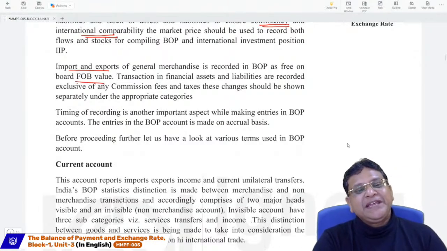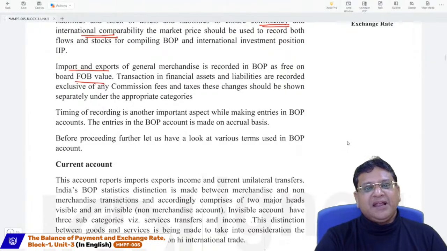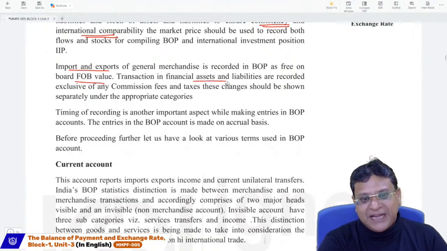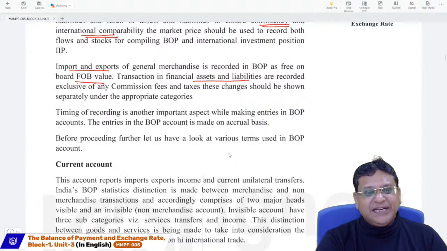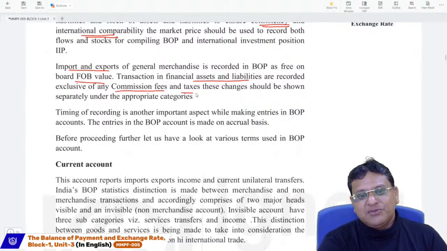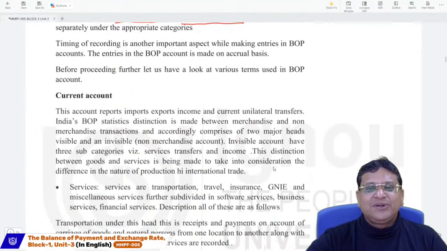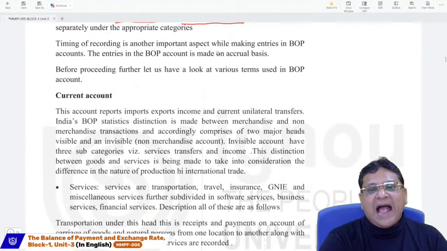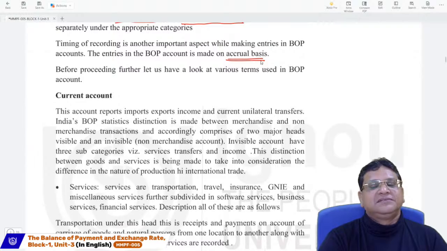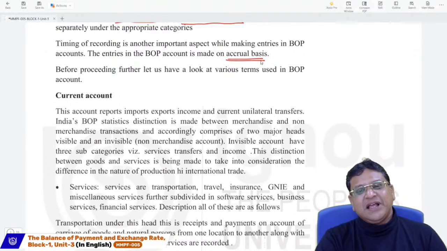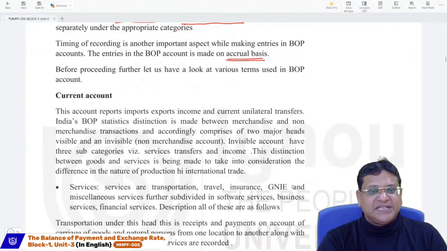FOB means free on board value. Similarly, the transactions of financial assets and liabilities are recorded exclusive of any commission, fee, or tax which is charged. Next, we always record the transactions on accrual basis, not on cash basis. We record BOP transactions on accrual basis.